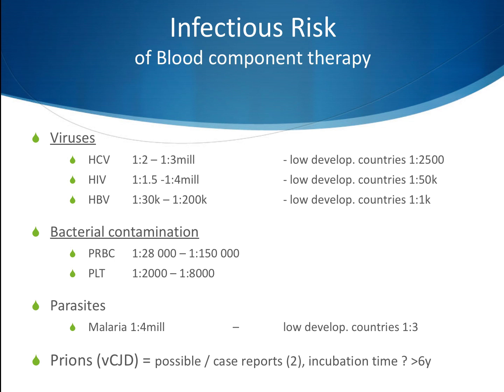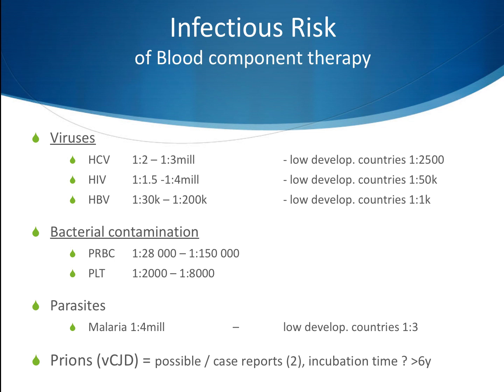Bacterial contamination for packed red blood cells is very rare, but more commonly seen in platelets. Platelets don't get stored that cold. They get stored at 20 degrees Celsius, so therefore bacterial growth is a much higher concern for platelet transfusion. So septic complications you see much more commonly in platelets.